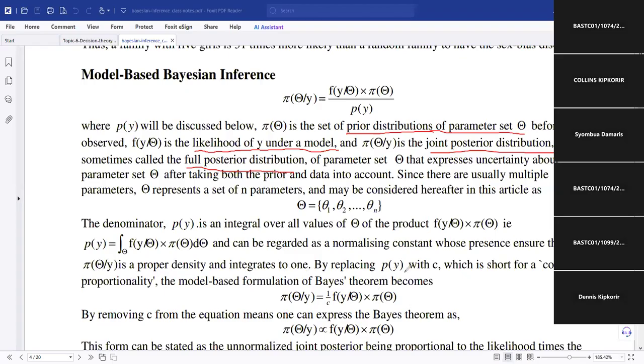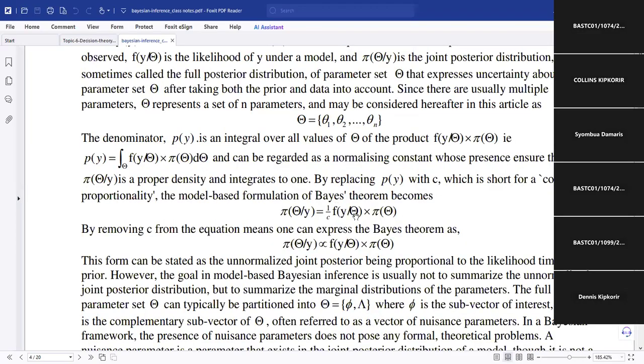So by replacing this with a constant, c, which is in short a constant of proportionality, the model-based formulation of the Bayes theorem now changes to the following. So we take that to be a normalizing constant. We could have that the posterior distribution is equal to 1 over c multiplied by f of y given theta multiplied by the prior.